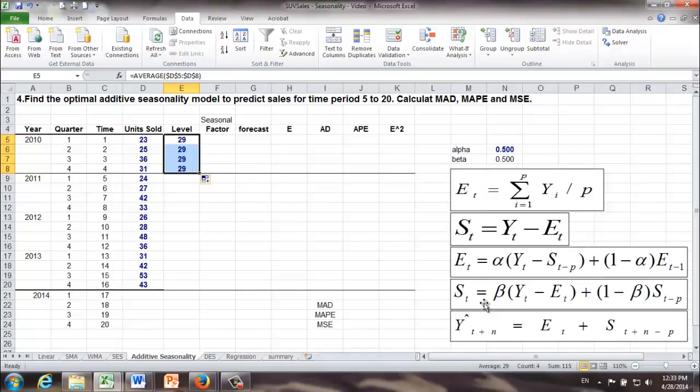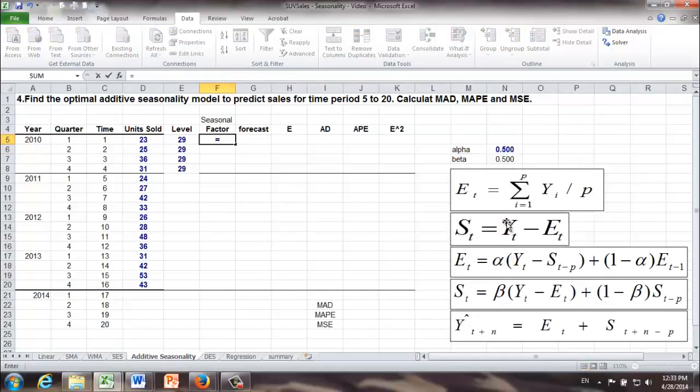And the reason is similar. We don't have enough information to use formula 3 to calculate the base level. So instead, we replace the first 4 base levels with the average sales in year 1. And once we know that, finding the seasonal factor is pretty easy.